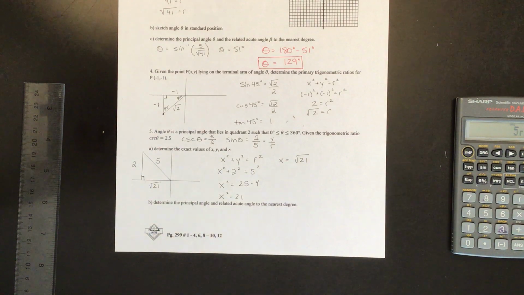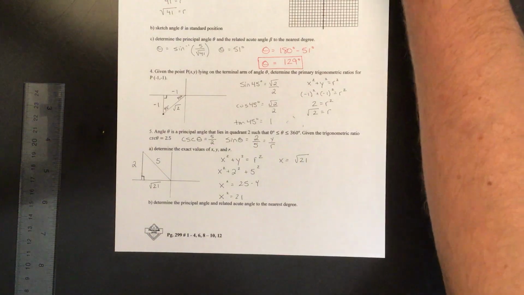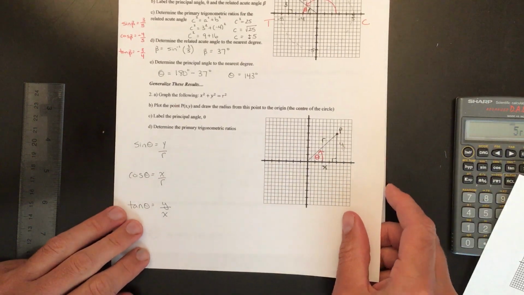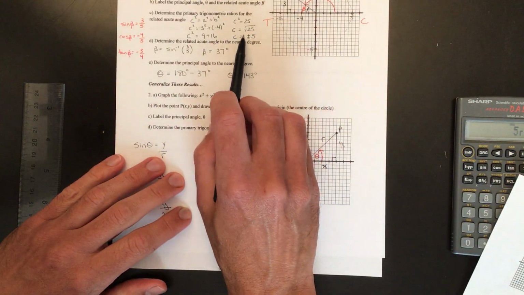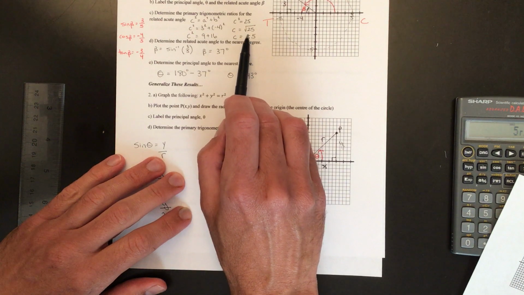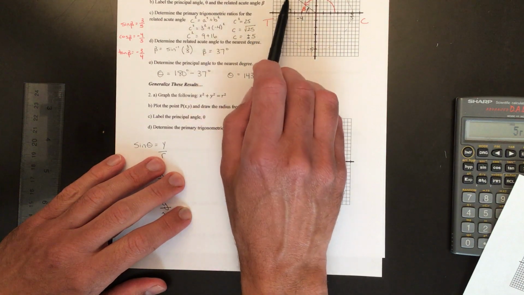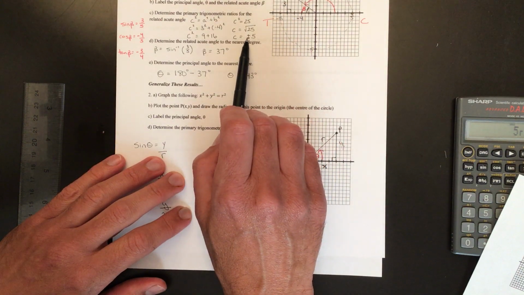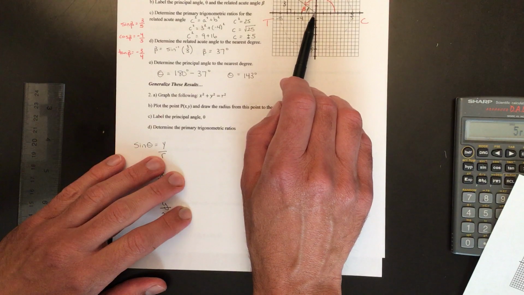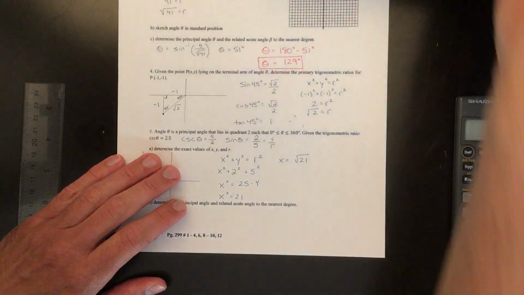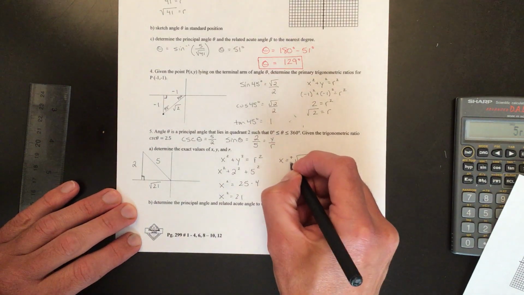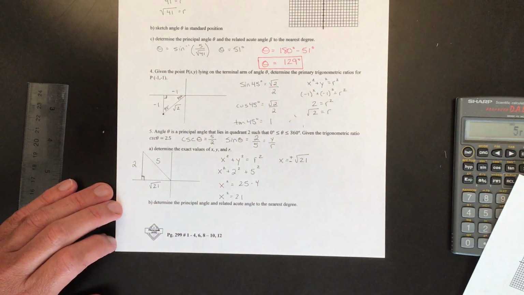But what I've been talking about since the beginning of this lesson, going back to the first question, I said when you take the root, you get two answers, a positive and a negative. For the radius, or for the hypotenuse, it always has to be the positive, right? You stick with the positive root. However, when you're solving for x, you have two answers, the positive and the negative.